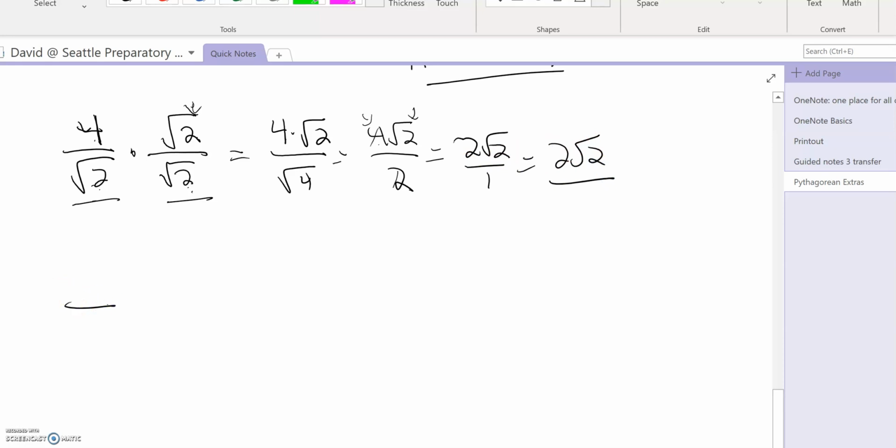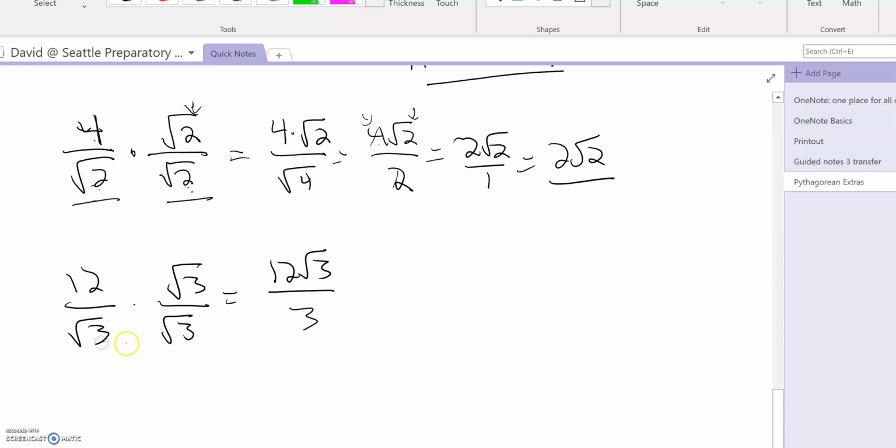Just to make another one, we could have something like 12 over square root 3. Once again, we multiply the top and bottom by square root of 3 because that's going to make it go away. 12 times square root of 3, can't do anything with that. Square root of 3 times square root of 3 is square root of 9, which is just 3.